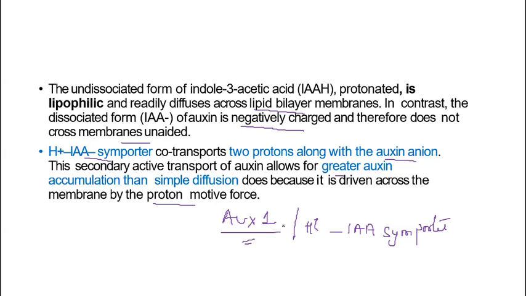Now this transporter allows greater auxin accumulation than simple diffusion. When IAAH moves alone, it does not meet the requirement of the plant. The symporter transports more and more auxin to the next cell, which can meet the demand, but in this process energy is required.